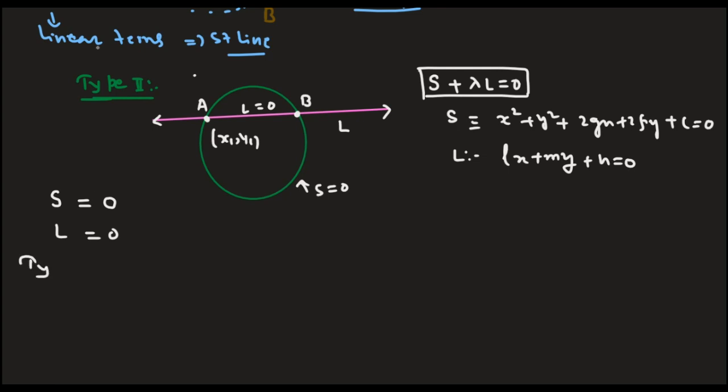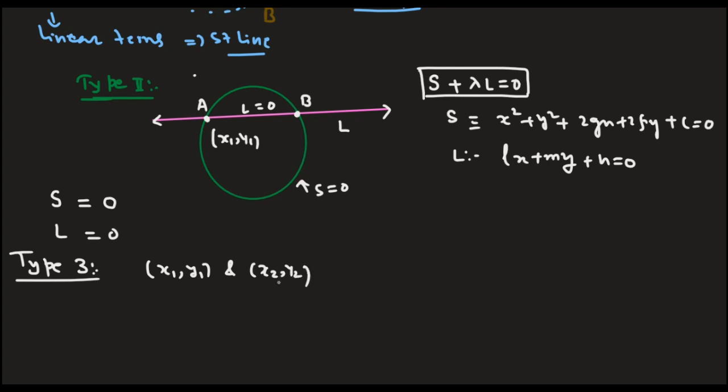Coming to type 3. In type 3, find the equation of the family of circles which pass through the 2 points x1 y1 and x2 y2.